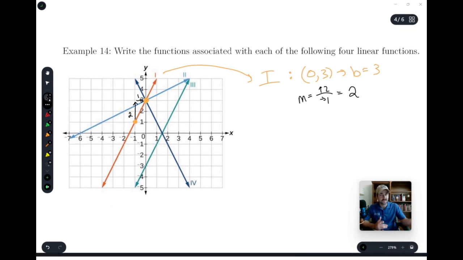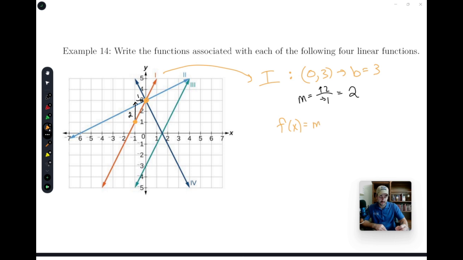Well, 2 over 1, but 2 over 1 is 2. And so our function for 1 is going to be f(x) = mx + b, where m is your slope, 2x + 3. And that is our Roman numeral 1 function.